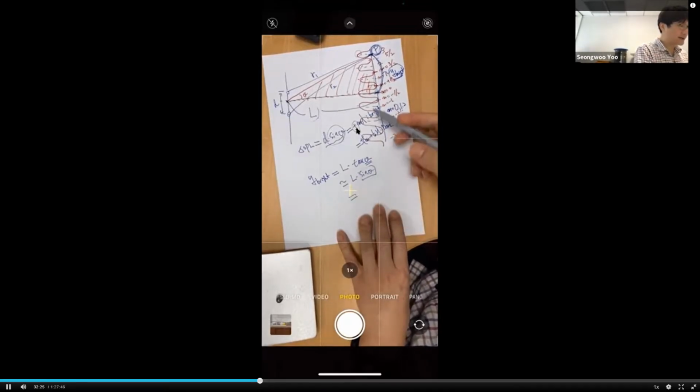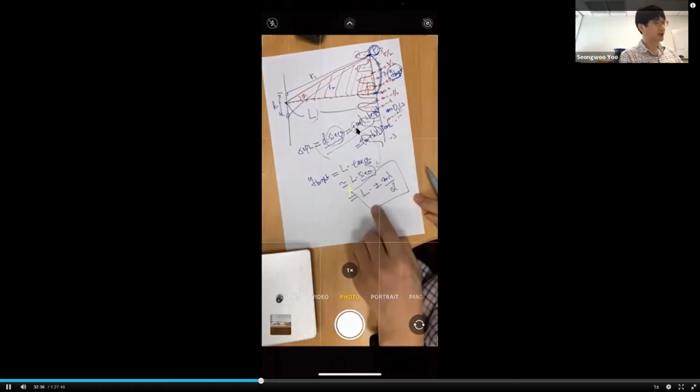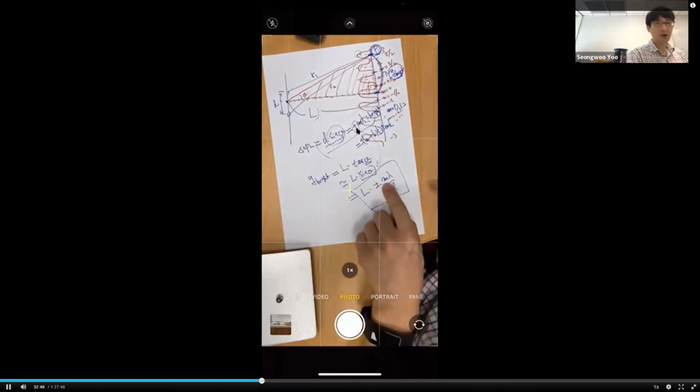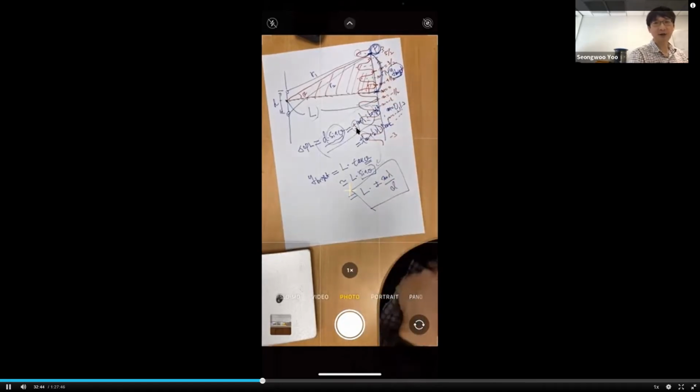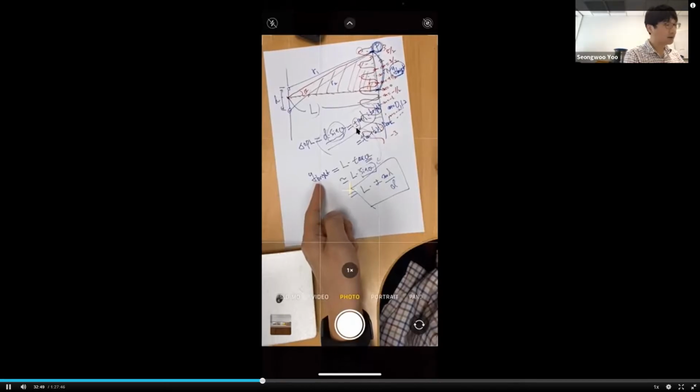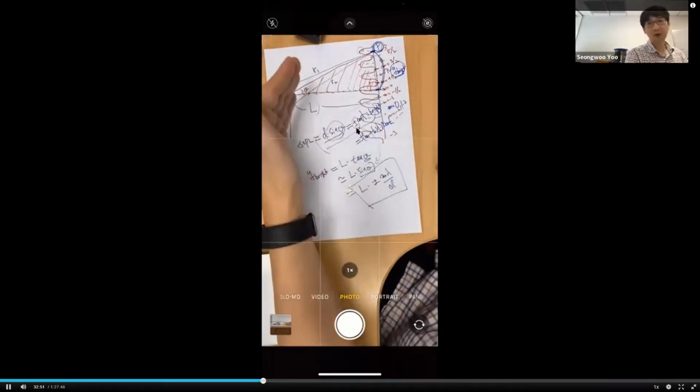Then we substitute into this sine theta, and we will have L times plus or minus m lambda over d. We can determine the bright fringes using this equation from m equals 0 to 3 and then all the way until it hits the maximum value. And then of course you can derive the location of dark fringes using the same procedure.